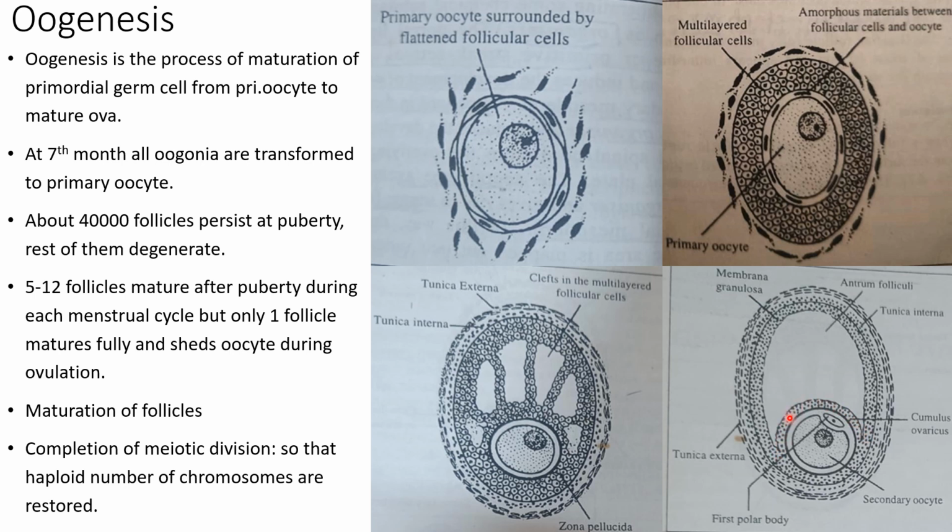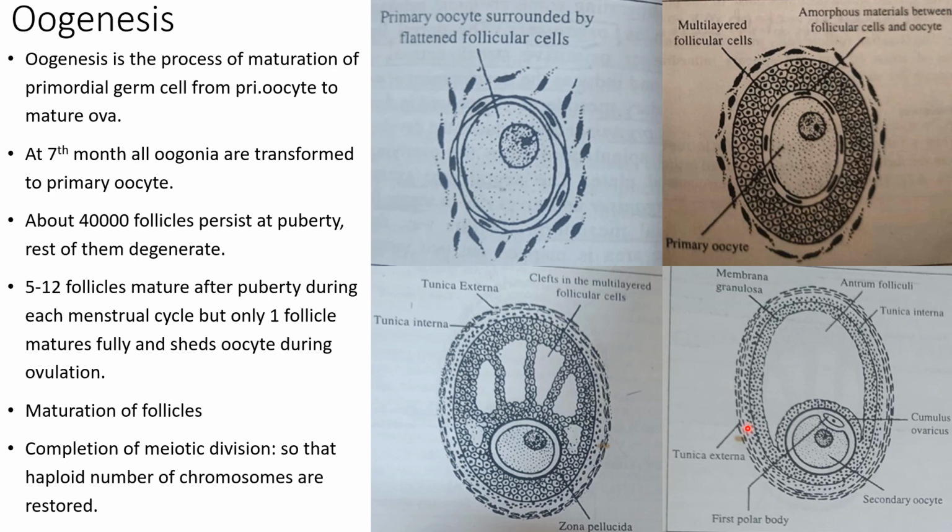The layer of follicular cells surrounding the secondary oocyte is known as cumulus oophorus, which will later give rise to corona radiata. And the second layer of follicular cells, which is present at the periphery, is known as membrana granulosa.